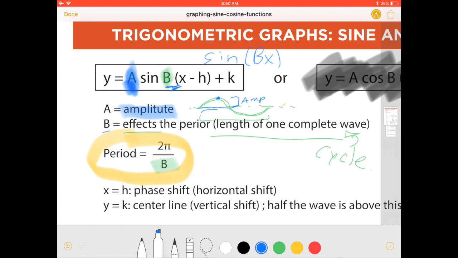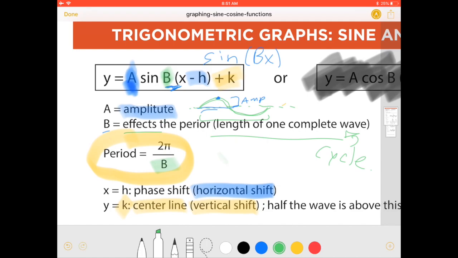Occasionally we'll be shifting these lines to the left and to the right with a horizontal shift, which is measured with whatever is subtracted from x or added to x. We don't see that too much here, but in time we will. And also a vertical shift, where this final number way out here will affect the sine graph.